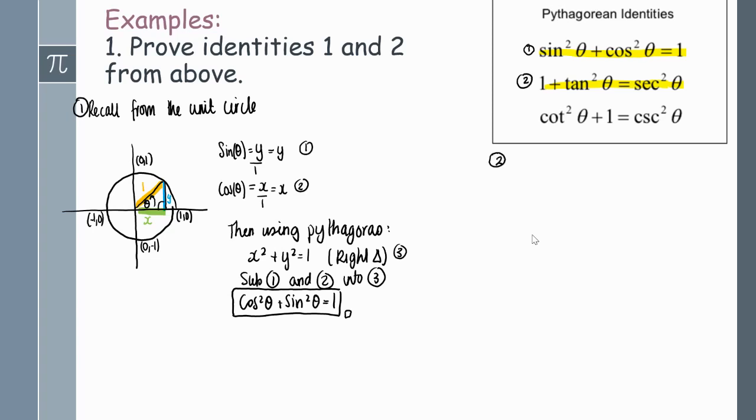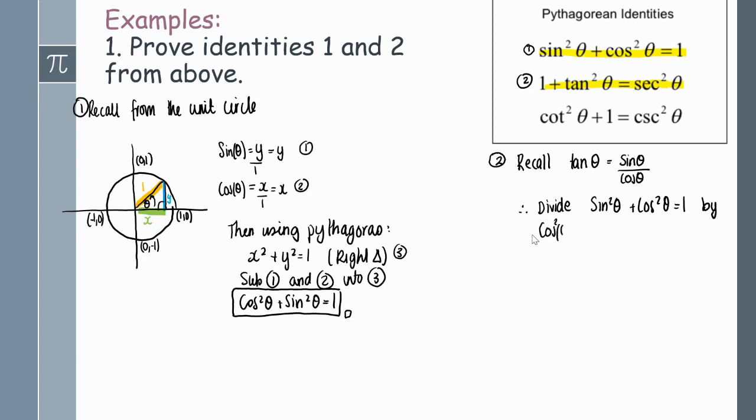Now we have to prove the second identity, that 1 plus tan squared theta equals sec squared theta. Just by the definition of tan, because I want tan theta in this equation, I'm going to recall that tan theta equals sine theta over cos theta. Then, from my first equation, I'm going to divide everything by cos squared theta.